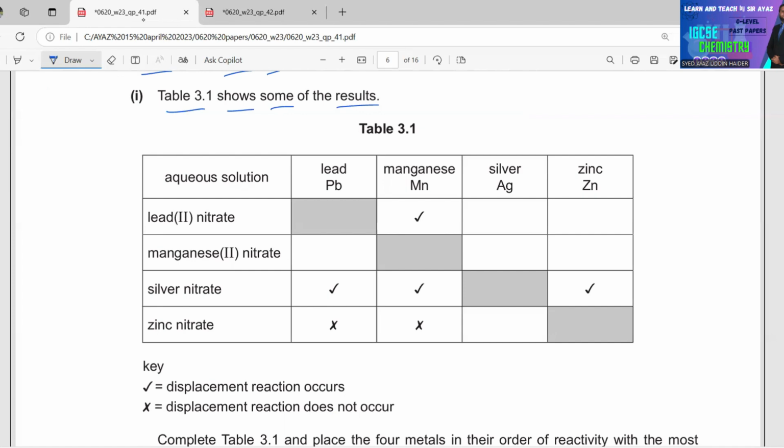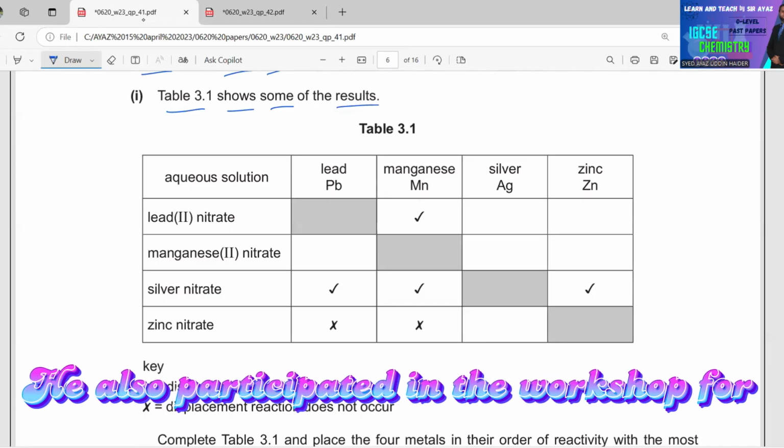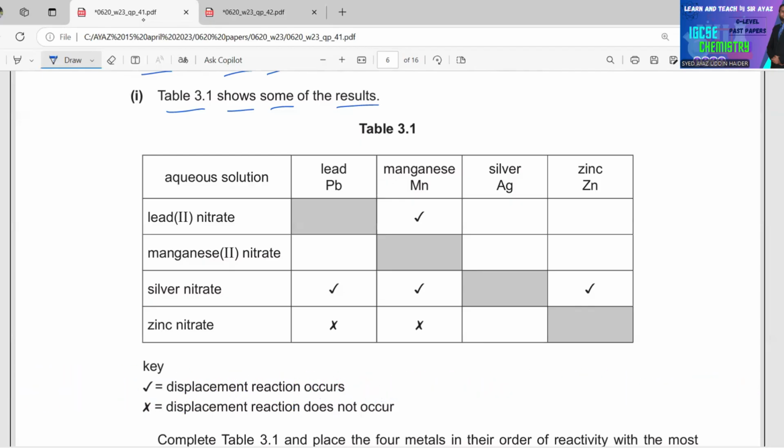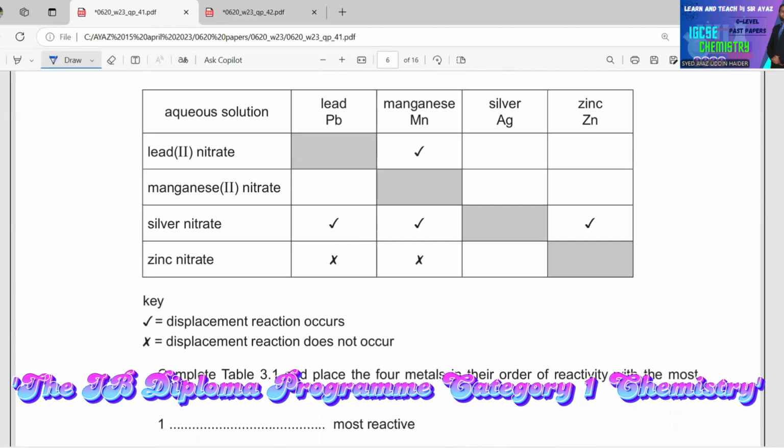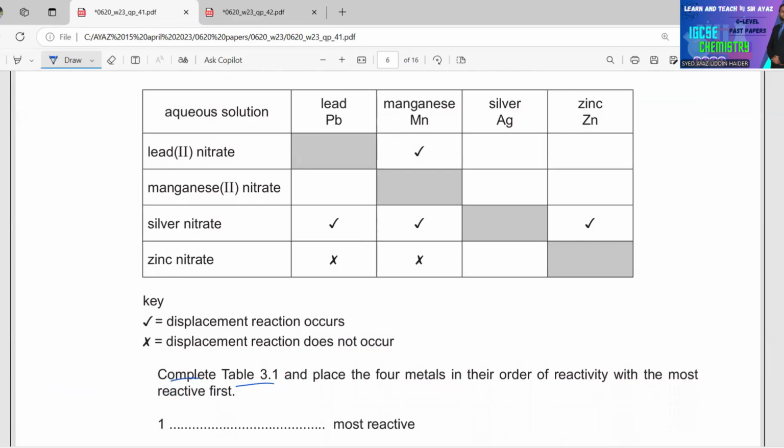And zinc nitrate is not displaced by lead as well as manganese. The cross shows that displacement reaction does not take place. Tick shows that displacement reaction occurs. So this is the information we are having. Complete table 3.1 and place the four metals in their order of reactivity with the most reactive first.